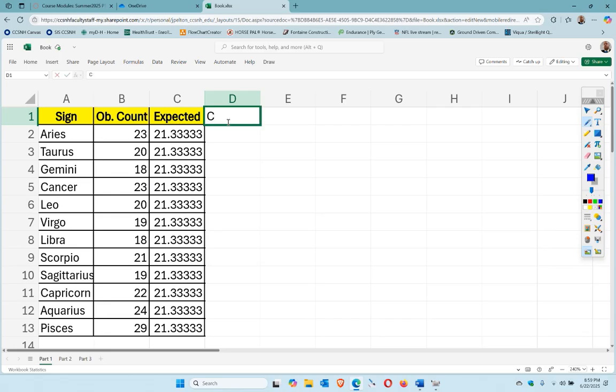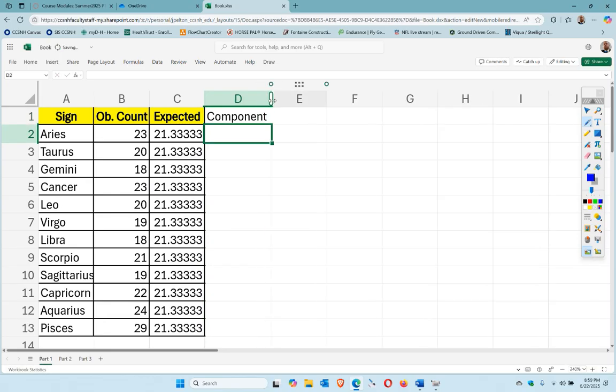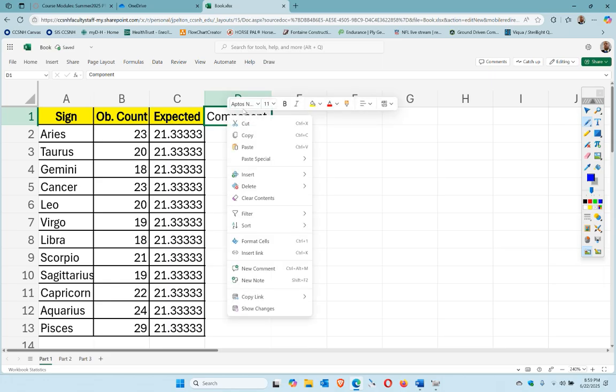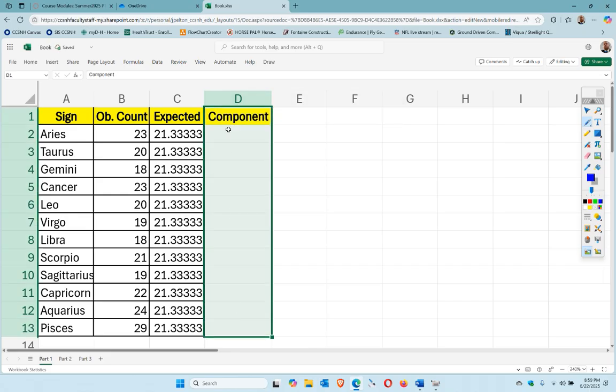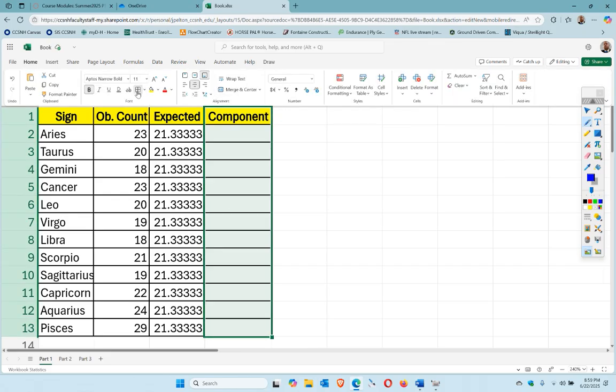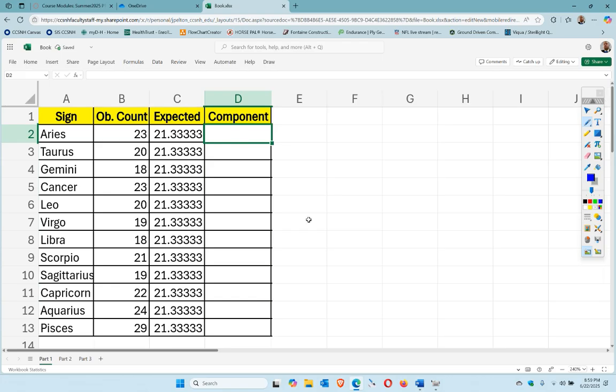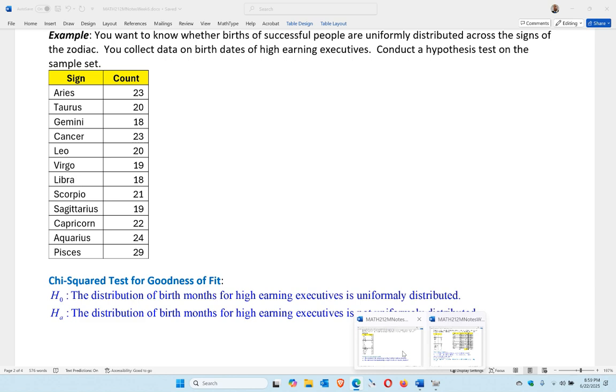Okay, so we need the component. So we want to center that, bold, yellow, and we'll box this up. Again, you can get to these same things up here also. I'm just right-clicking to get those up. Okay, so get back to our notes.